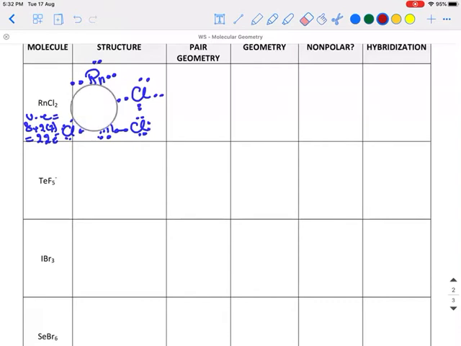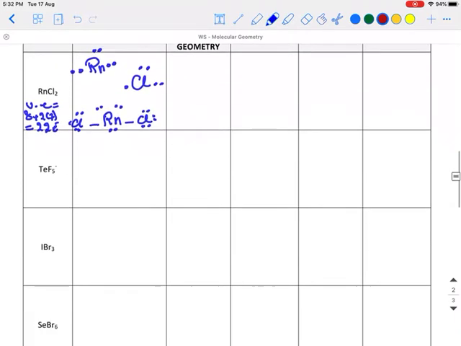So we have here 3 lone pairs around the radon. Let me redraw it: Rn, Cl, Cl, and 3 lone pairs around the radon. Let us see the electron pair geometry between bonded and non-bonded.